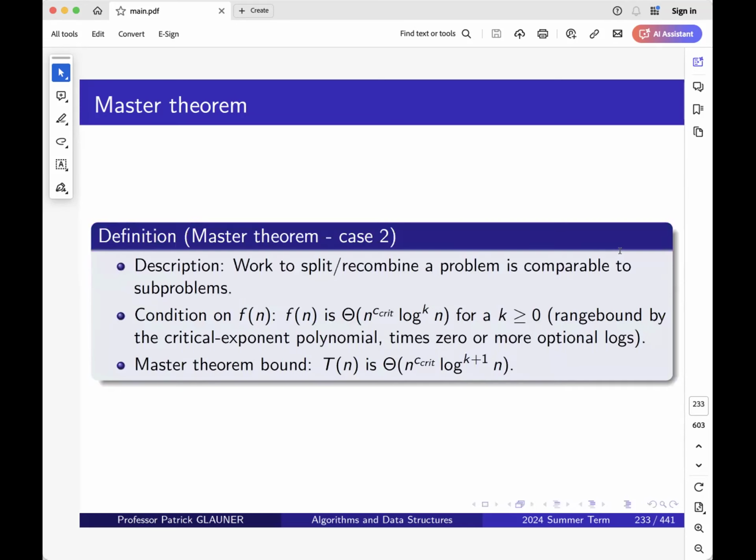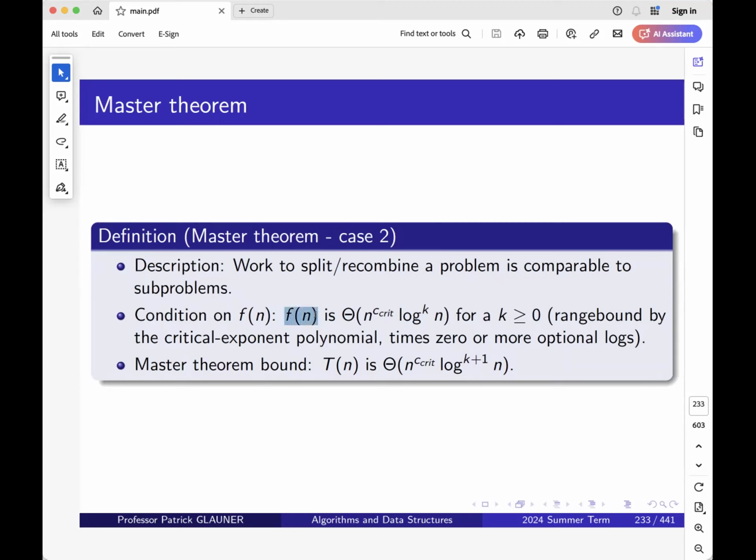Now, in case two, we address those problems where the work on splitting and recombining is comparable to the work in the subproblems. This looks a little bit more complex, but it's highly generic, because we can apply it to all sorts of recurrence relations that fall into our original pattern.